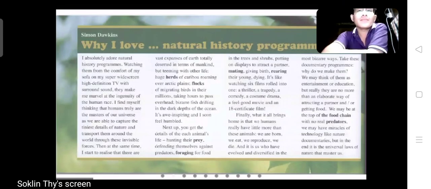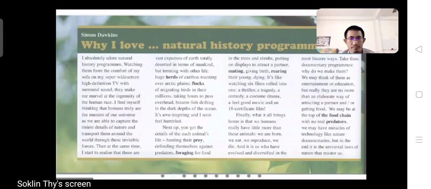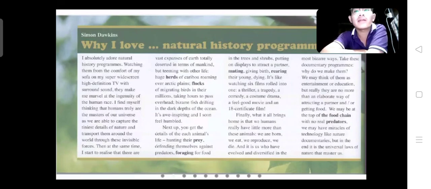This is an opinion piece that talks about natural history programs. While we are reading this, I want you to consider that we need to find the reasons why the writer wrote about why he loved natural history programs.